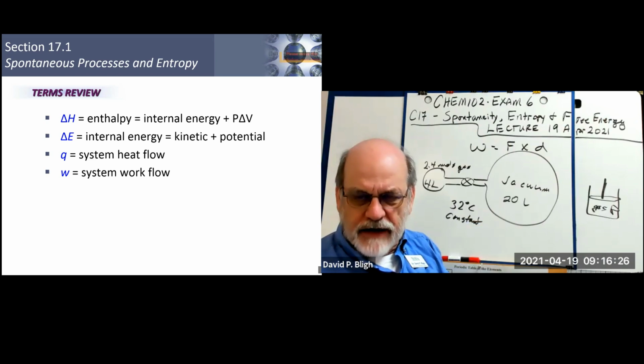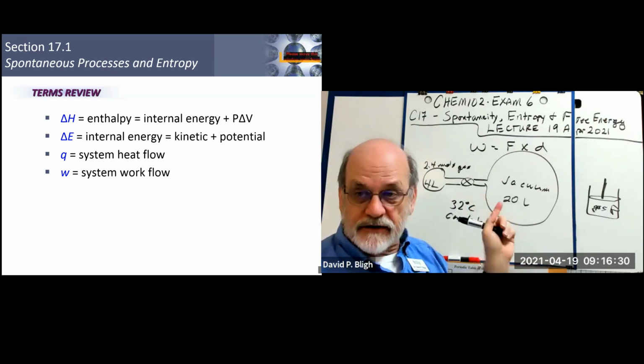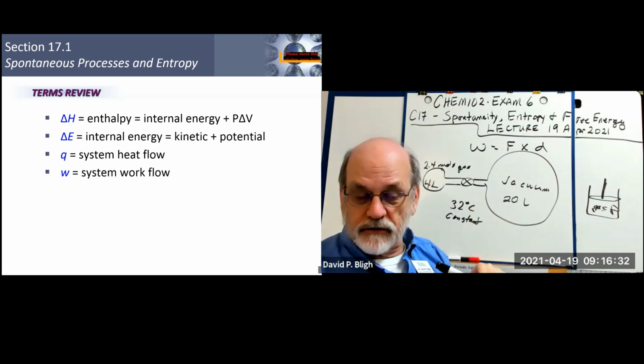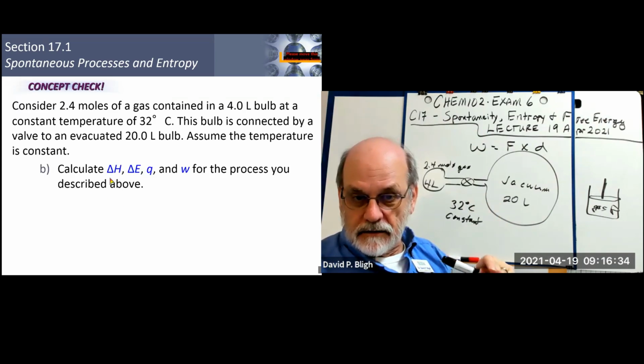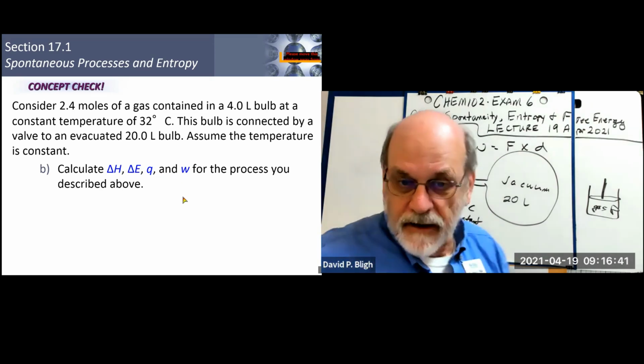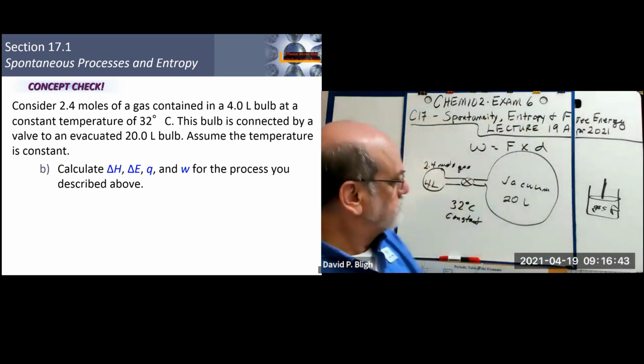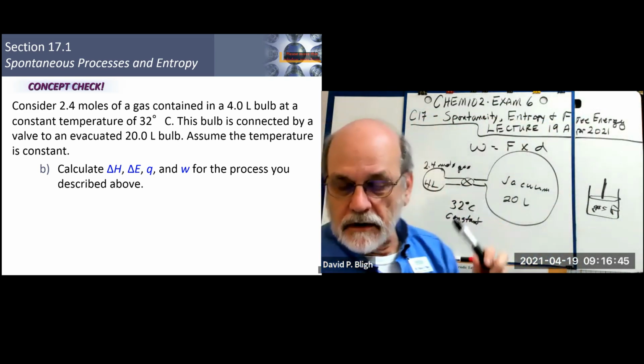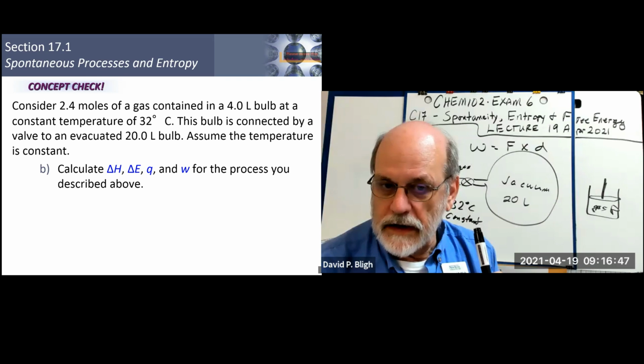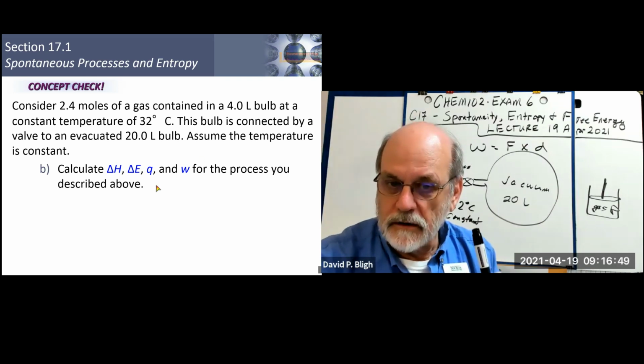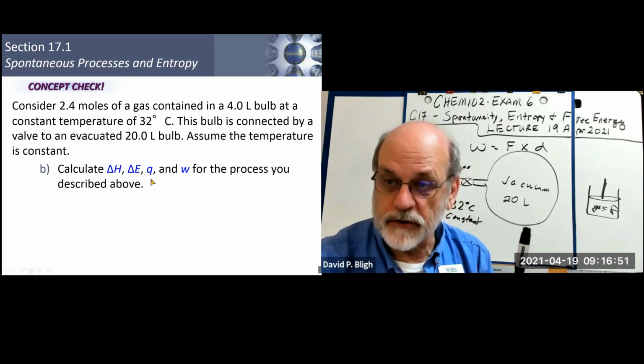Okay, so now that I've refreshed your memory on those definitions, during this process, what happens to those values? Calculate these: delta H, delta E, Q, and W for that process. Well, as it turns out, in order to transfer heat, you need a difference in temperature.